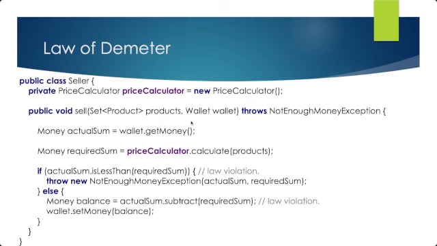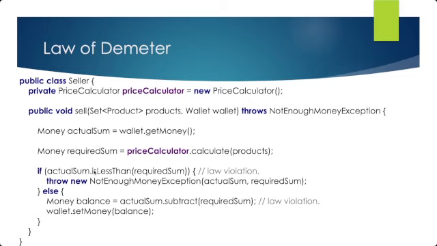It's strange when we think in real life, and in the code it's strange too, because the seller knows about money and runs this method of the money class. It creates an extra dependency between seller and money, but we don't need this dependency. The law of Demeter is about extra dependencies.